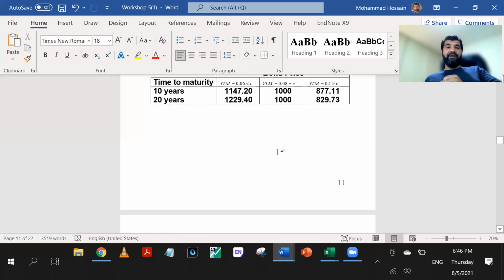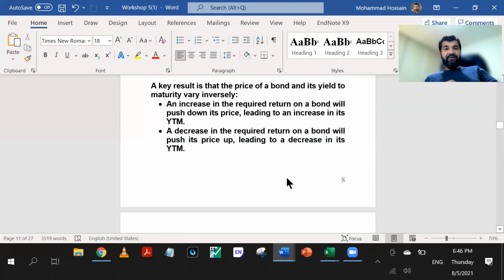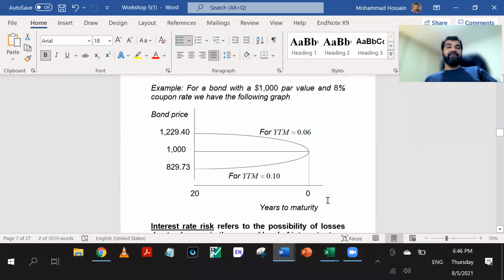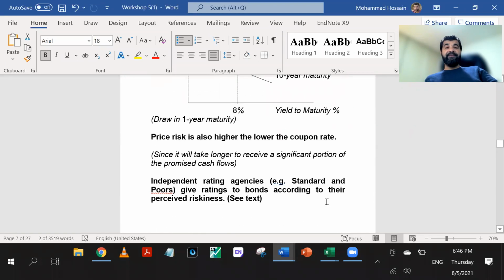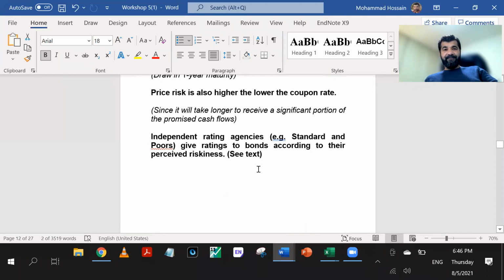We also mentioned it in here: if YTM equals the coupon rate, the bond value and par value are the same. That's exactly what is shown here. The bond value is 1,000, and 8% is your YTM and also your coupon rate. So it's the same thing.